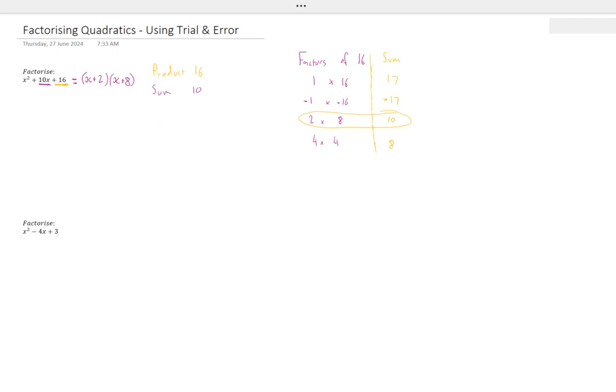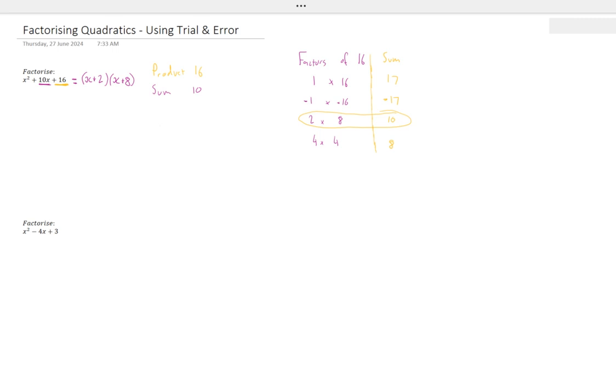And that's our factorized form. If you expand all that out, you would get x squared plus 8x plus another 2x plus 16. And then the next line would be 2x plus 8x is 10x. So I'm not going to write all that out, but if you wanted to expand it and check that you're correct, that's something that you could do.